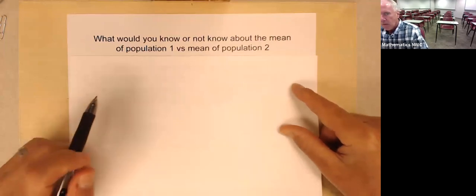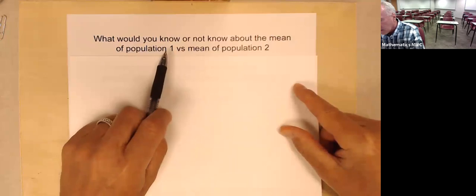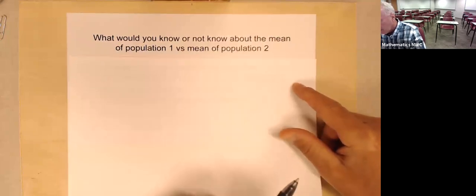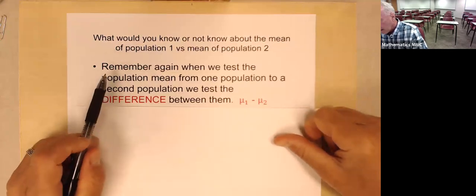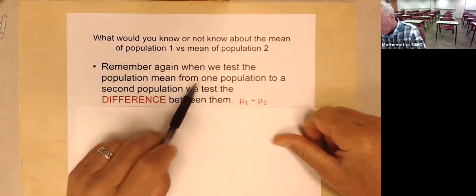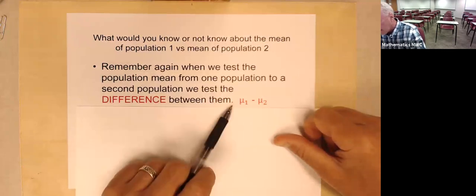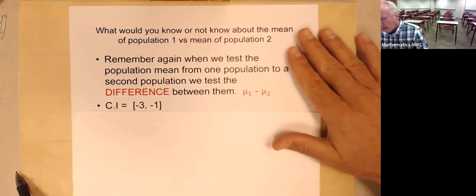What would you know, or what would you not know, about the mean of population 1 compared to the mean of population 2? Remember again, we test the population mean from one population to a second population, and we test the difference. So now, here's our confidence interval.